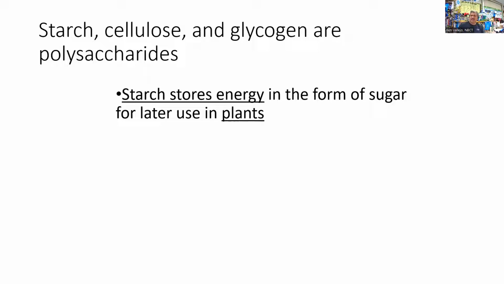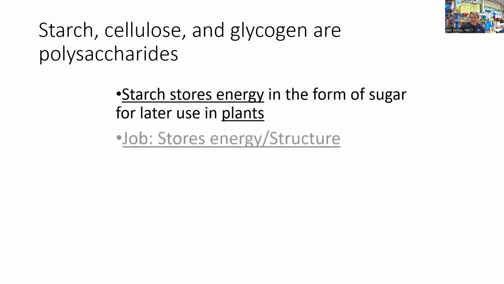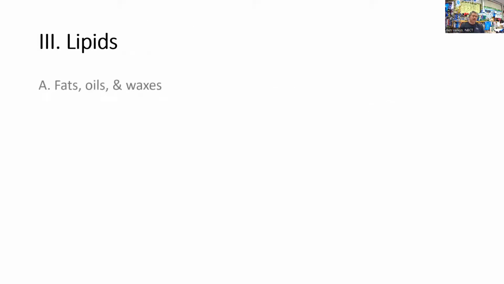You can think of starchy foods like rice or pasta, or bread. These are all starchy foods, and they have polysaccharides. The job of the polysaccharide is to store energy, and they are also used as structure in plants.